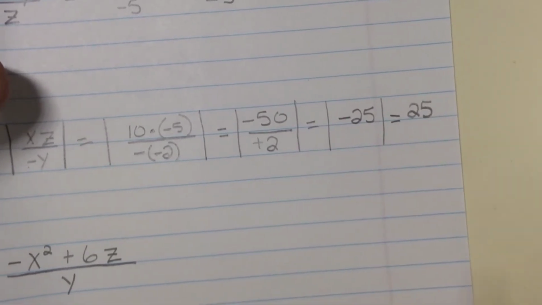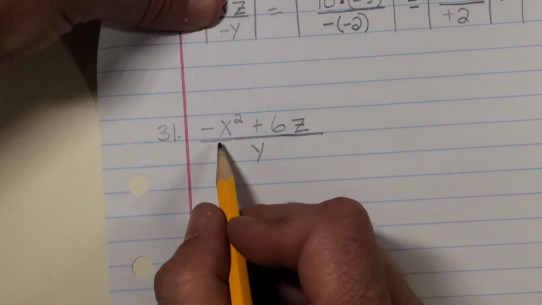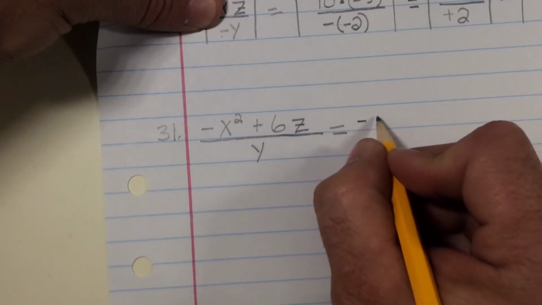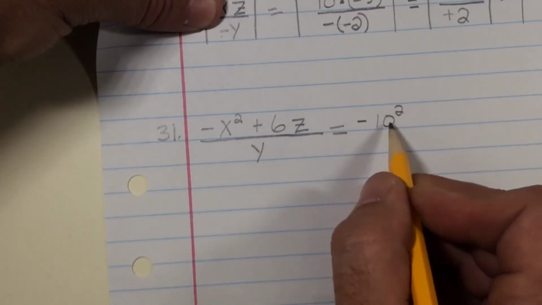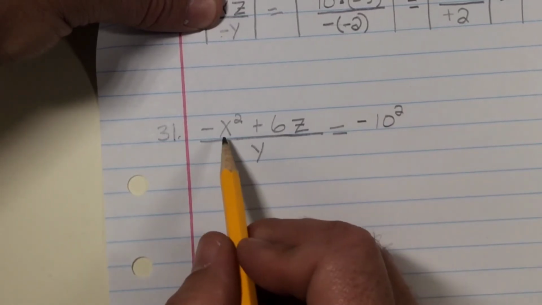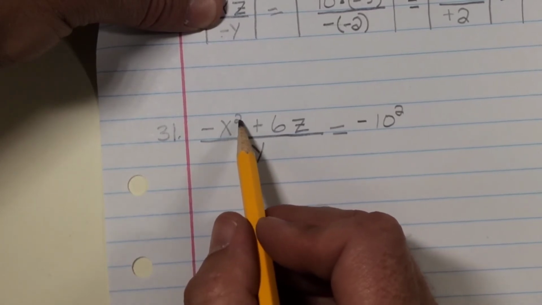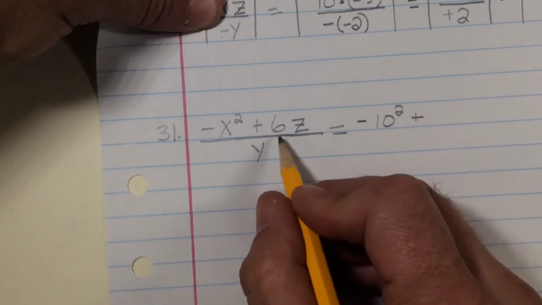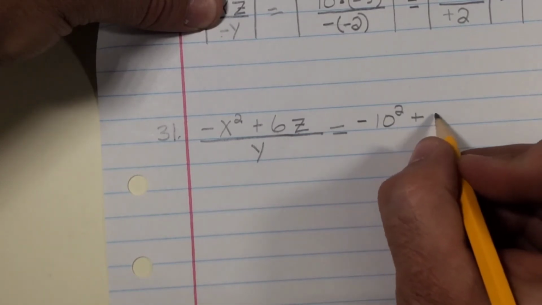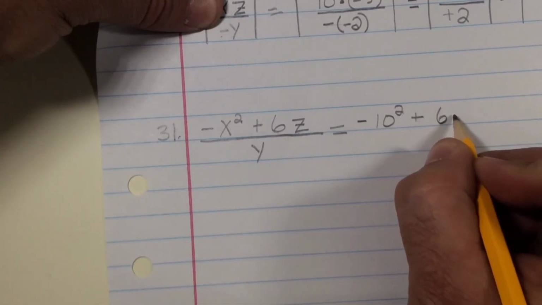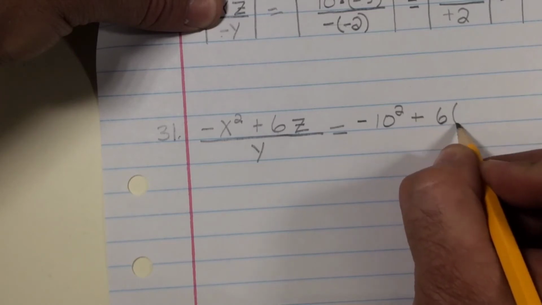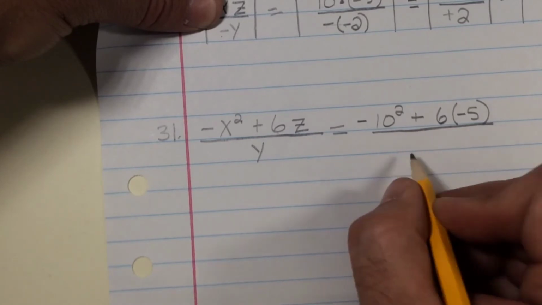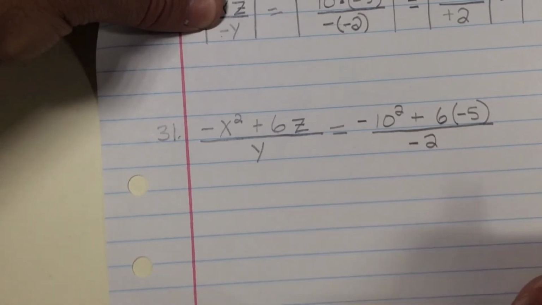Finally, substituting in here, negative x squared, so negative 10 squared, not in parentheses, because the x that they're talking about is just 10, so it's just touching the 10, plus 6z means 6 times z, and 6 times z becomes 6 times negative 5, because z is negative 5, all over y, which was negative 2.